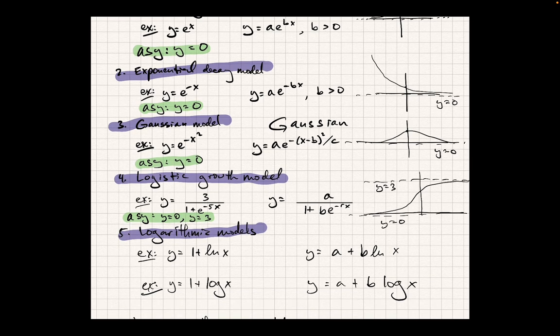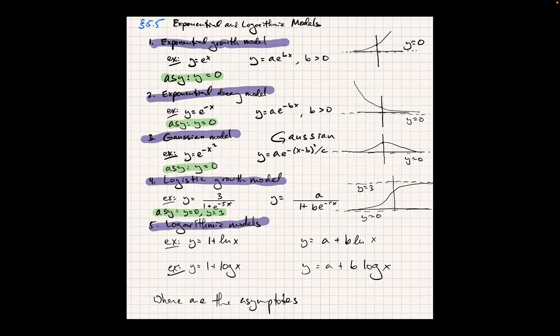Let's see, Lily, what are the asymptotes for our logarithmic models? That'd be x equals 0. Right, because these are very similar to log of x. What's the difference between log of x and 1 plus log of x?